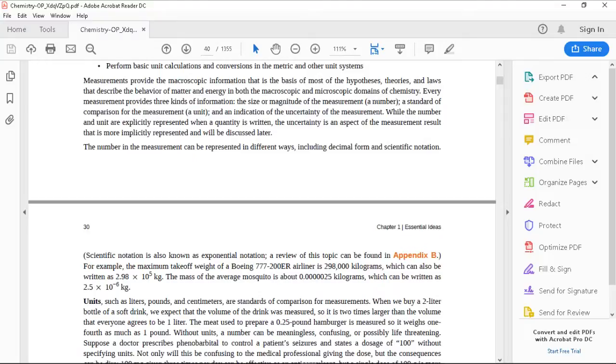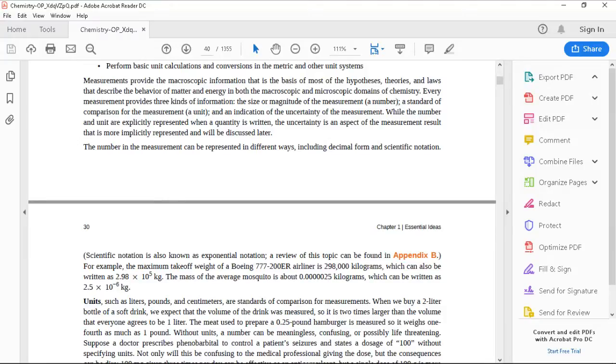Yeah, let's hope. Measurements provide the macroscopic information that is the basis of most of these hypotheses, theories, and laws that describe the behavior of matter and energy in both the macroscopic and microscopic domains of chemistry. Every measurement provides three kinds of information: the size or magnitude of the measurement, a number; a standard of comparison for the measurement; and an indication of the uncertainty of the measurement.